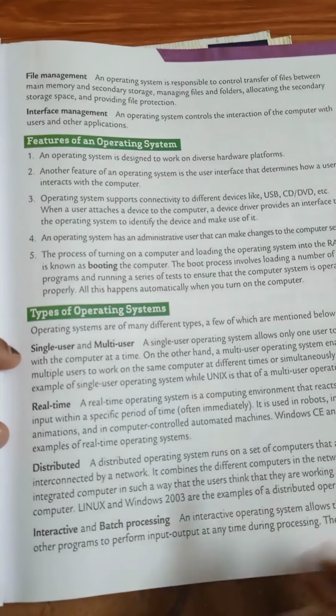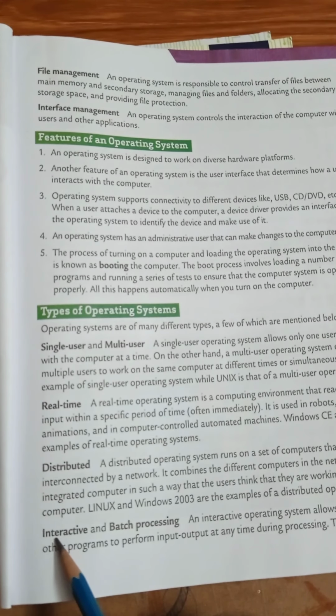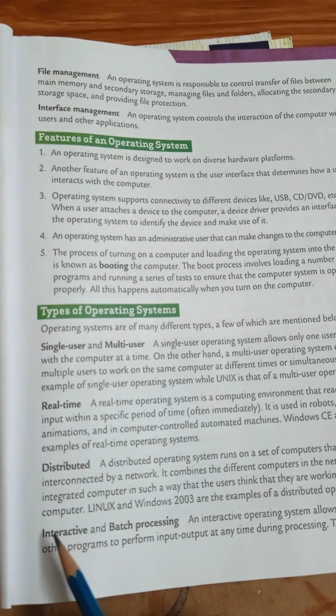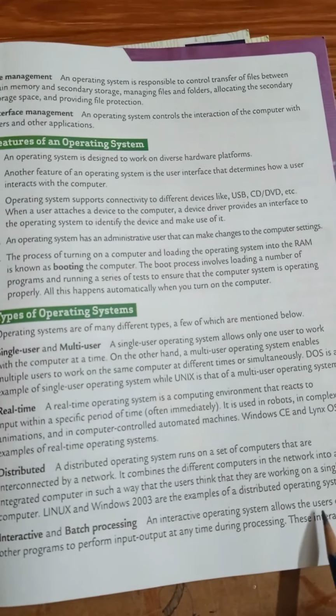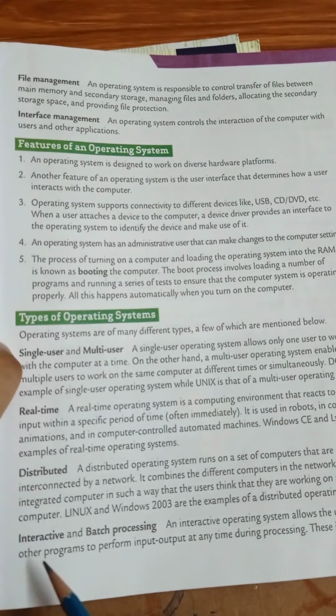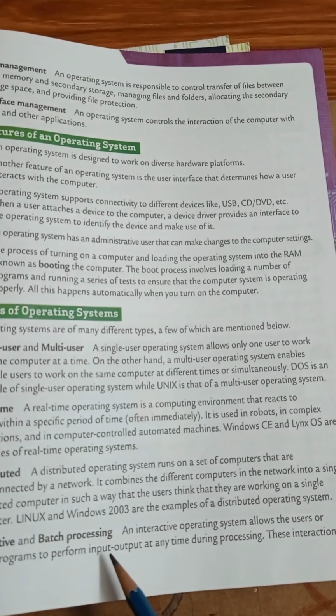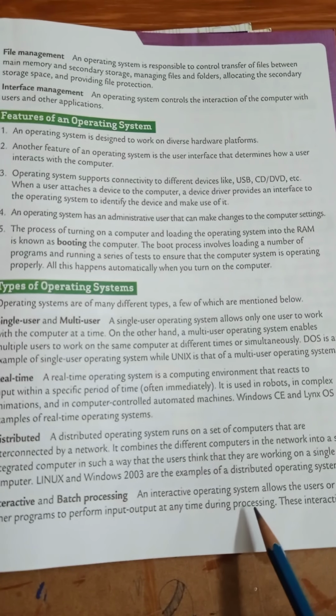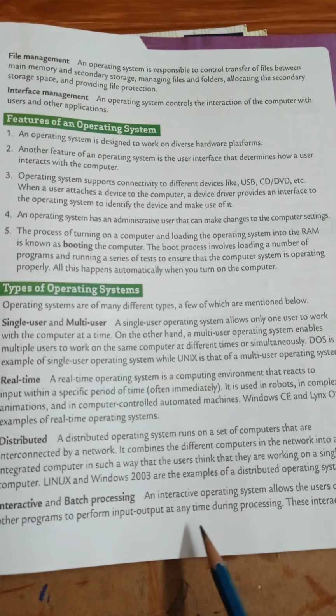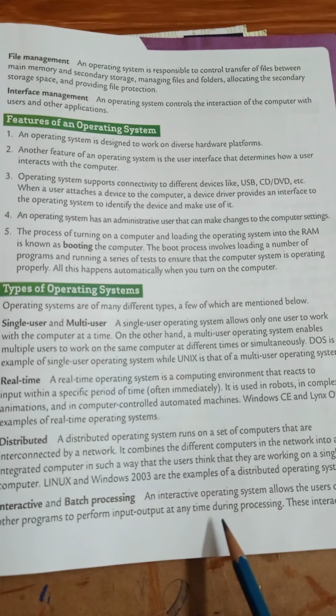Next is batch processing operating system and interactive operating system. An interactive operating system allows the user or other programs to perform input-output at any time during processing. Here, during processing means when a program is executing in the CPU, it is called a process.